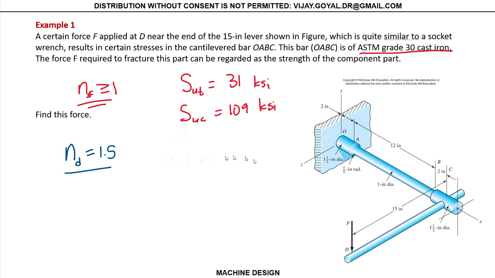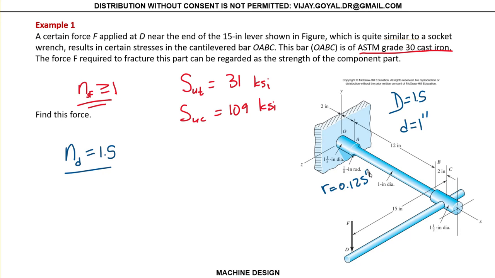So in this problem, this is the bracket. This is the part that we want to actually work with. And you can see that here your small diameter is 1 inch. Your big diameter here is 1.5 inches. And this is your fillet radius, that's 0.125 inches.